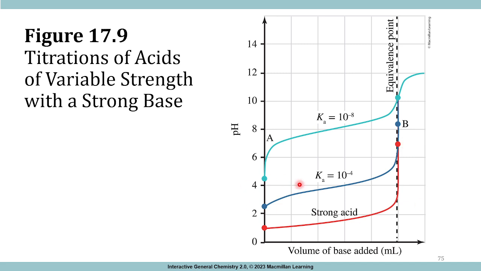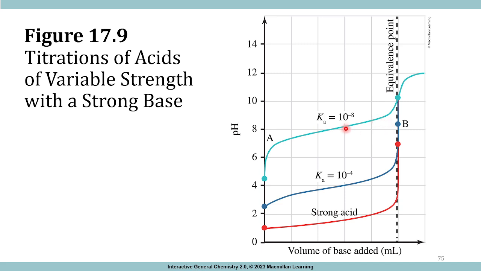Okay, this right here is a weak acid, and we have a Ka of 10 to the negative 4. Because we start at a higher point and then have this buffer region, the equivalence point ends up higher as well, and that gives a shorter distance here. See that? We don't get this huge rise here. This actually means that titrating very weak acids can be quite challenging.